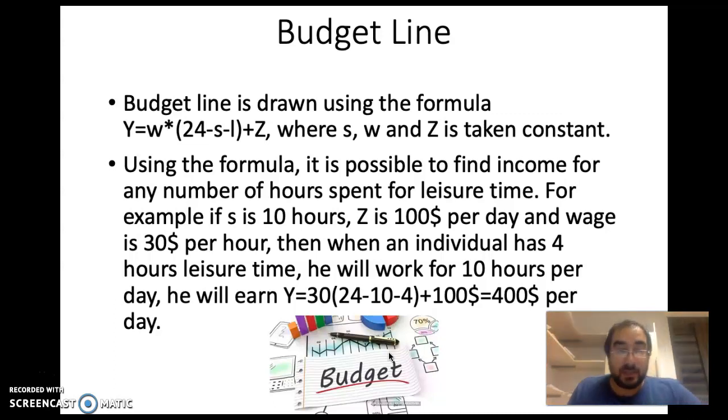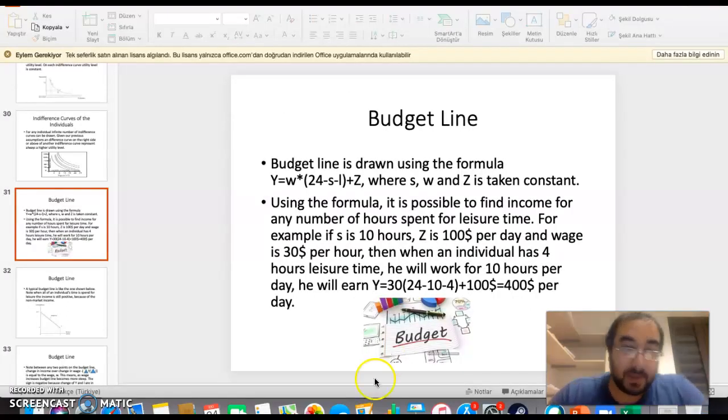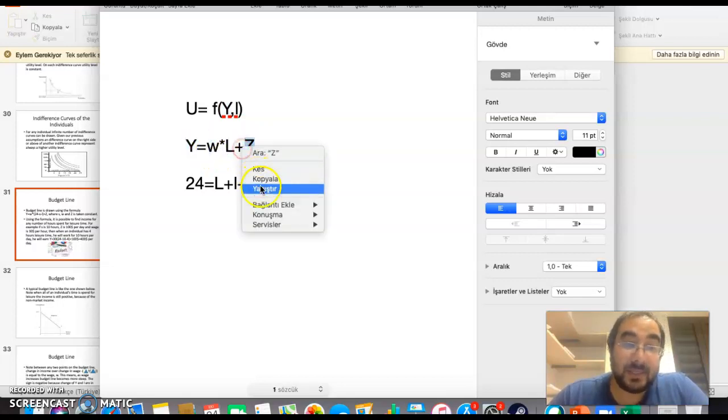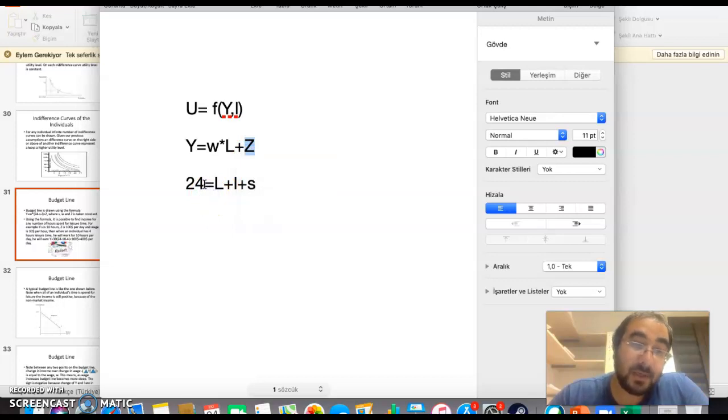How do we do that? We do that in this way. We know that our income is equal to wage times labor time, plus Z. We also know that basically we have 24 hours which we spend for labor, leisure, and the subsistence income.